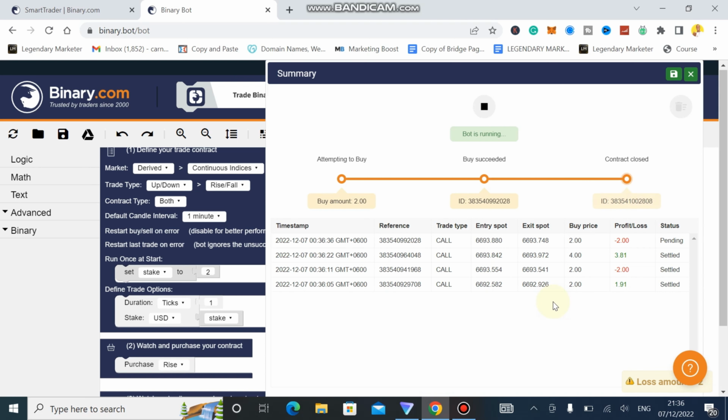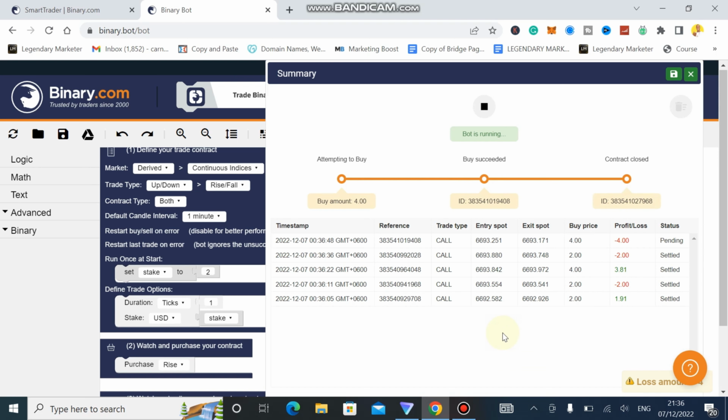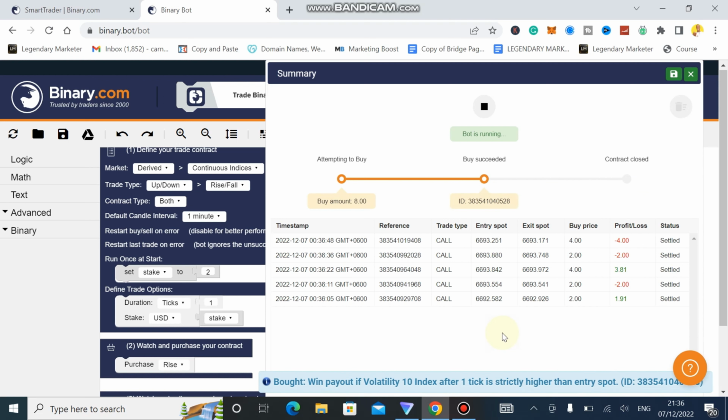When on 16, when you win that trade, instead of going immediately to the initial 2, it's going to divide by 2 and go back to 8. When it wins, it goes like that.